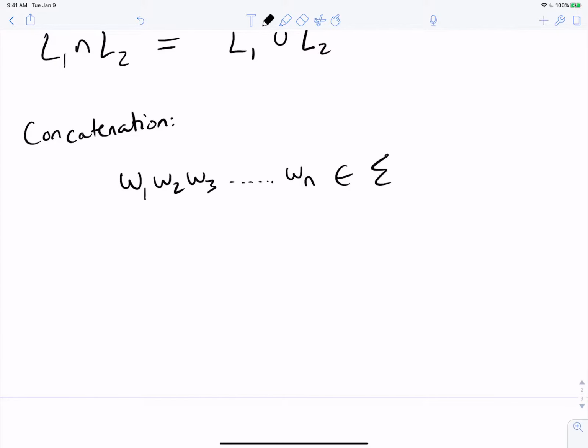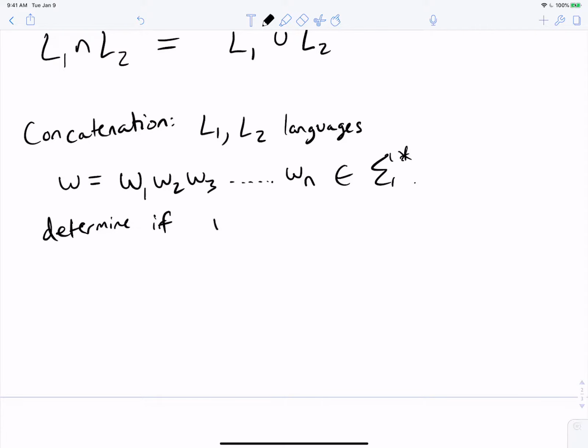Let's look at some string in sigma star. Let's actually ask this: if we have two languages, L1 and L2, and we have our string W here, we want to determine if W is in the first language concatenated with the second language.